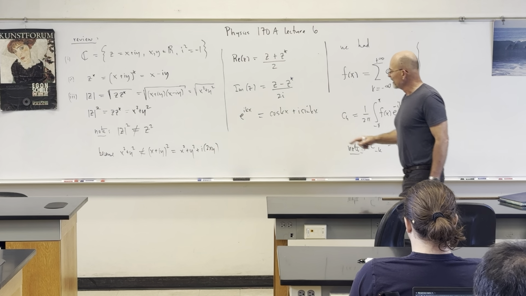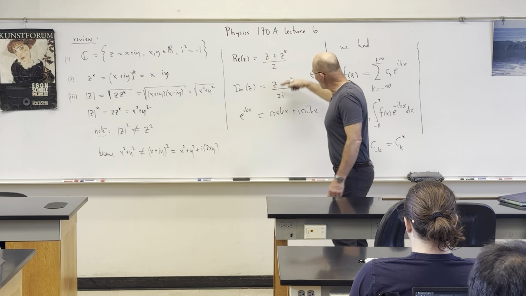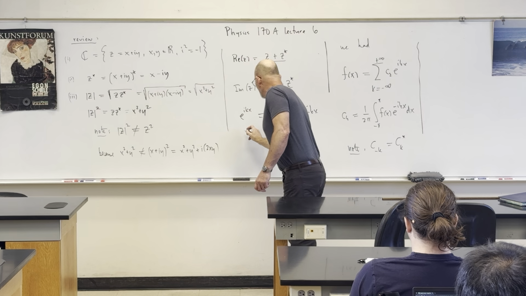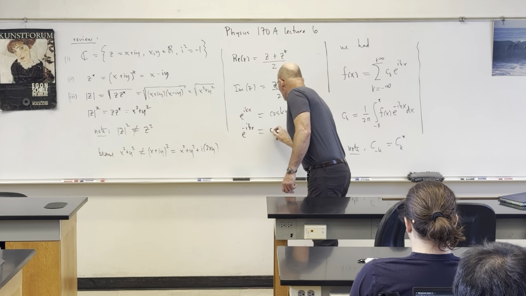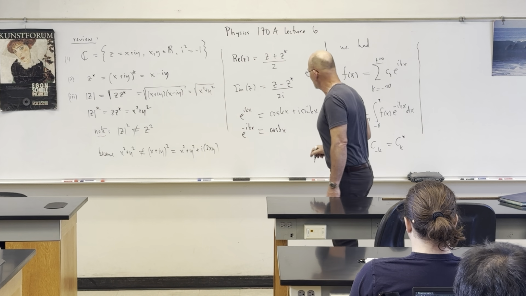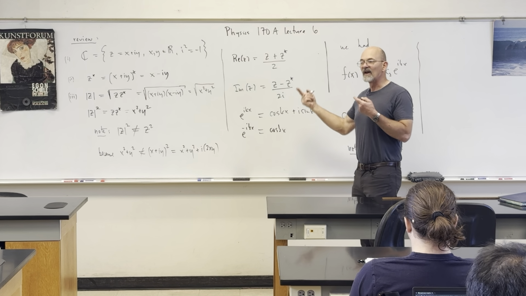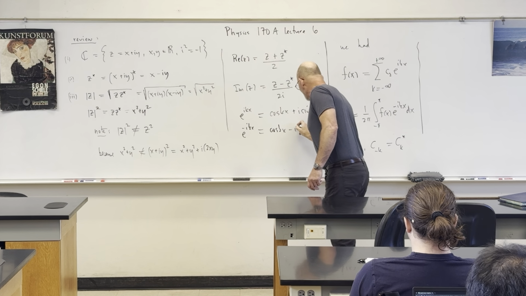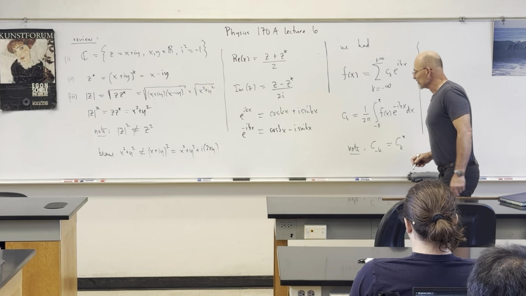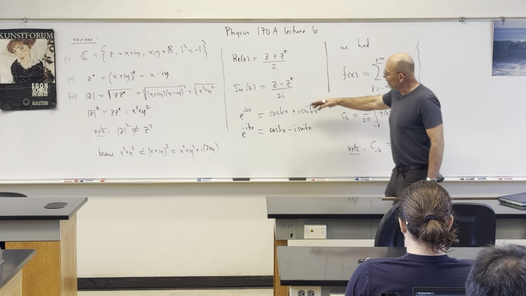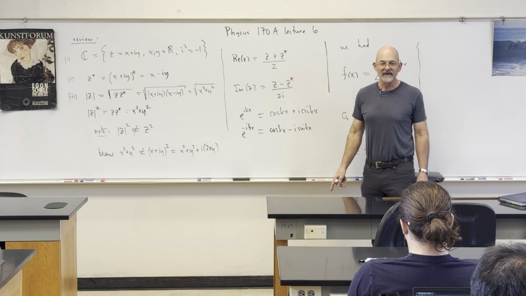If we write e to the minus i kx equals cos kx plus i sine of negative kx, because sine is odd, we can pull that minus i sine kx out. Then you see, if you add e to the i kx plus e to the minus i kx, you get 2 cos kx.